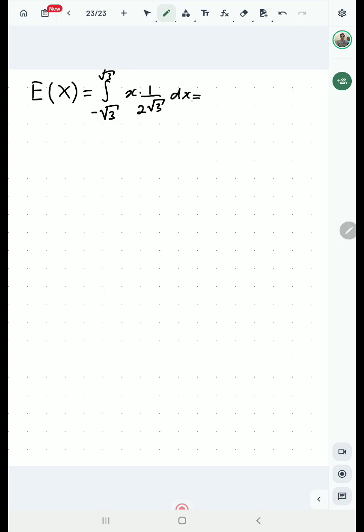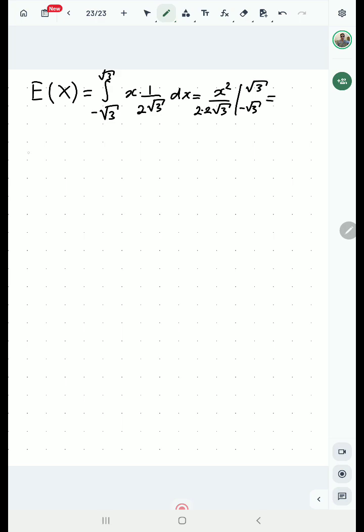And if you do that, you're going to receive x squared over 2 times square root of 3 times 2, and evaluate it at this interval.